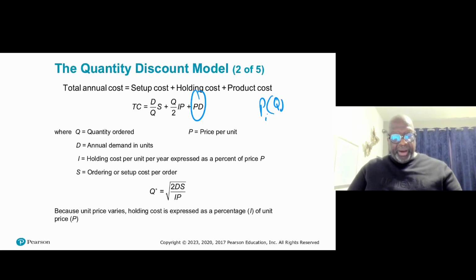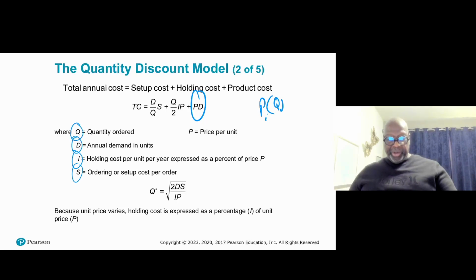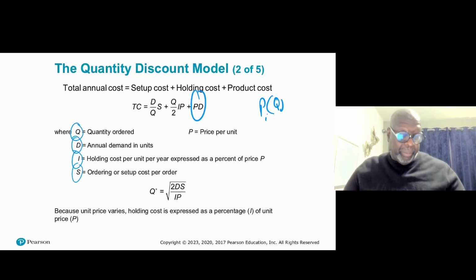So here is what we're looking at: our order quantity, our annual demand, our holding cost per unit, and S is the ordering cost. I is the holding cost per year expressed as a percentage of the price. I don't know why they didn't just use H, but it very well could be H as well, so don't be confused by that.